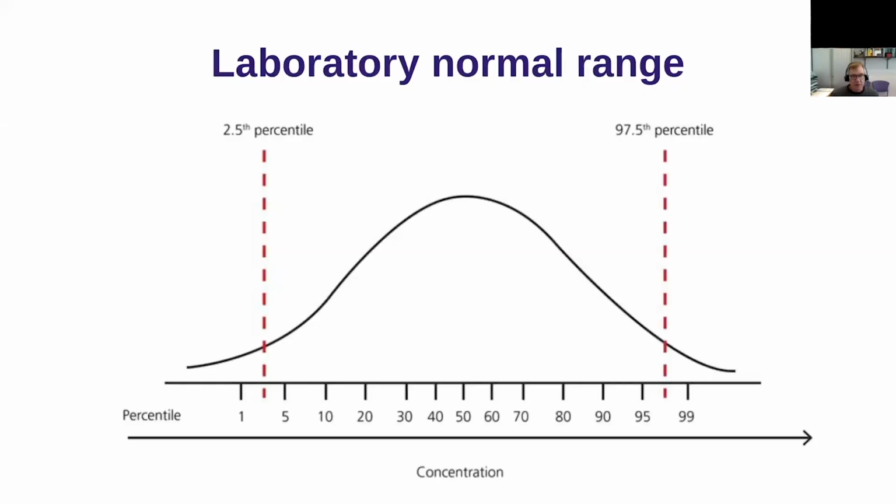So what is lymphopenia? The way we normally define lymphopenia is we take a population of healthy people, in inverted commas, measure their peripheral blood lymphocyte counts, and then define a normal range based on the 2.5th and the 97.5th percentile. In other words, 2.5% of the population is considered to have an abnormally high or abnormally low count.